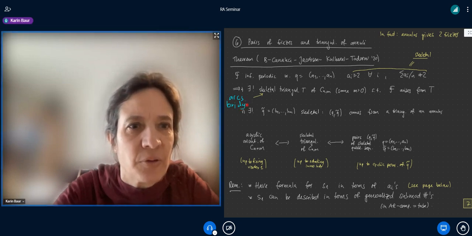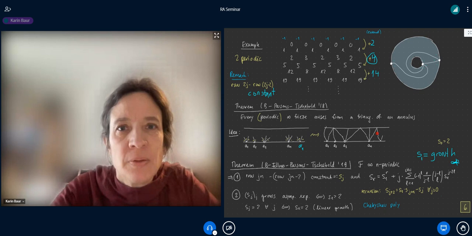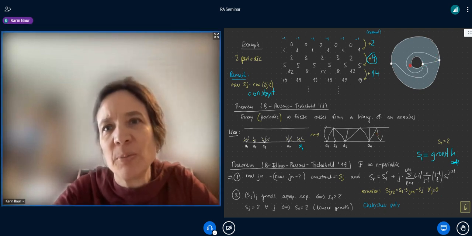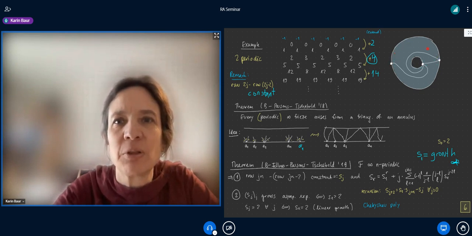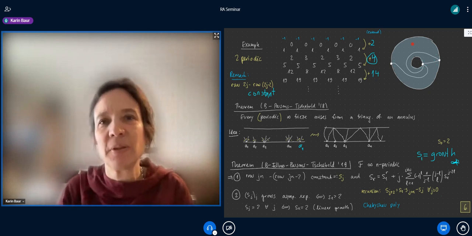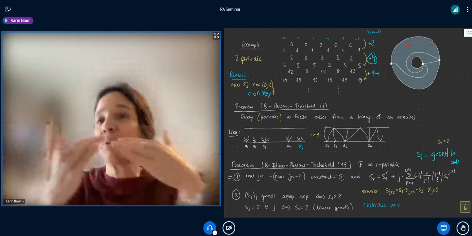And I'm just going to go back to see the picture. So here, the arcs were all going between the two boundary components. If I had an arc on the boundary, that's called peripheral, and it doesn't really play a role. It makes an entry 1 in the quiddity sequence, but I can reduce.